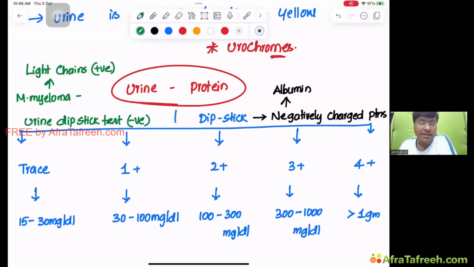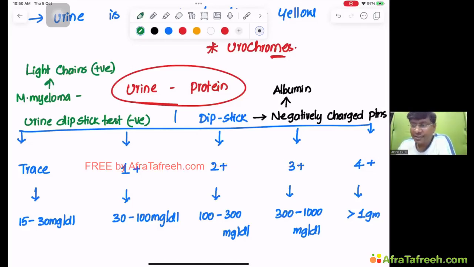Then overload proteinuria, you have that in multiple myeloma, rhabdomyolysis, and hemoglobinuria. Functional proteinuria, you have in a person doing jogging or exercise. Nephrotic range proteinuria is where the albumin excretion rate is more than 3500 milligrams. Causes are diabetes, amyloidosis, minimal change disease, focal segmental glomerulosclerosis, and membranous glomerulonephritis.